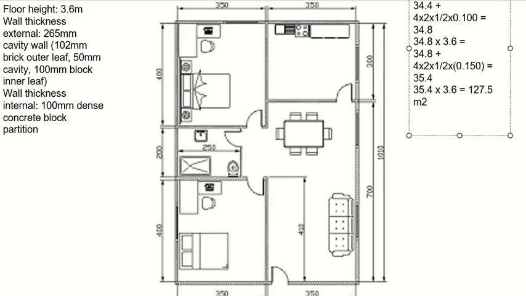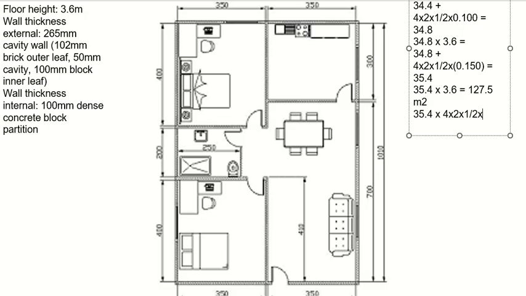Okay, now we are at the center of the cavity, 35.4. I need the center of the outside edge now, the outside face. So 35.4 multiplied by what? Tell me. 4 corners, 2 walls, half of what now?